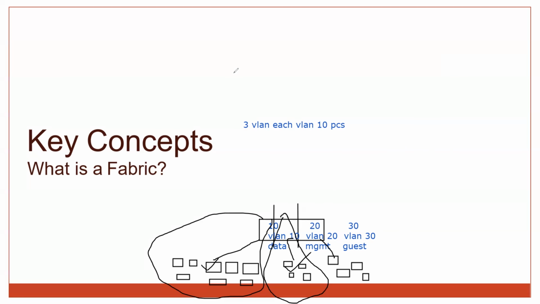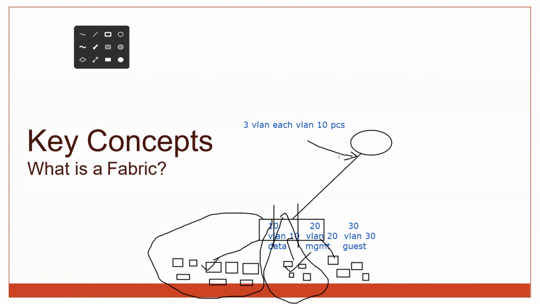So in that case, you will connect one router, and in that router you will define a network. In this router interface, you will define sub interfaces. Suppose this is E0/0.